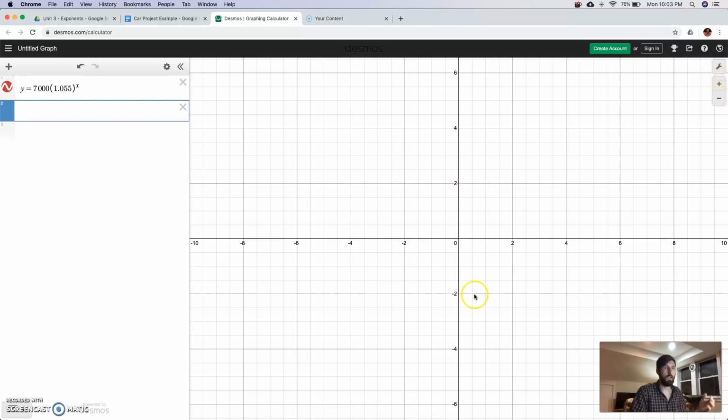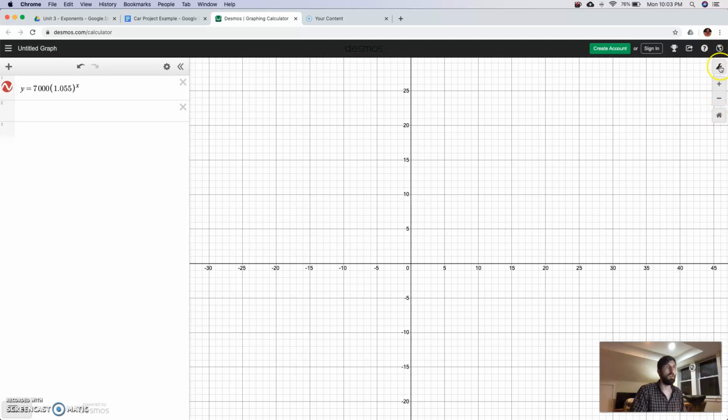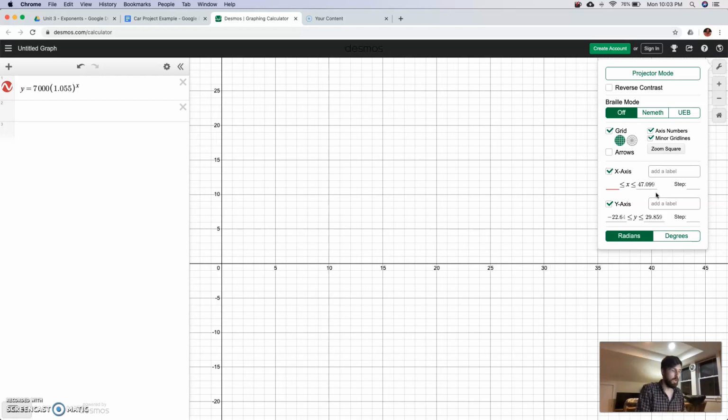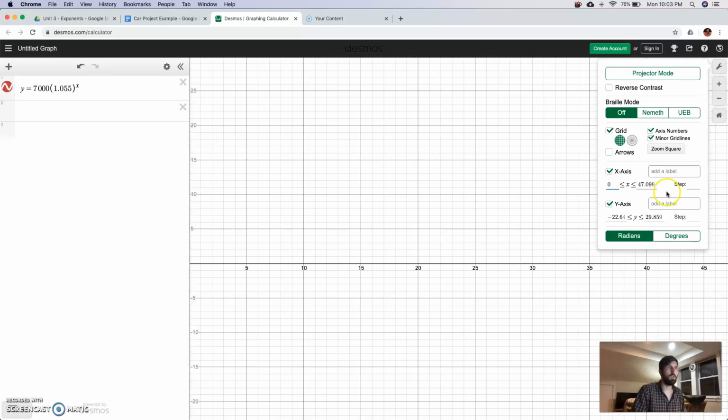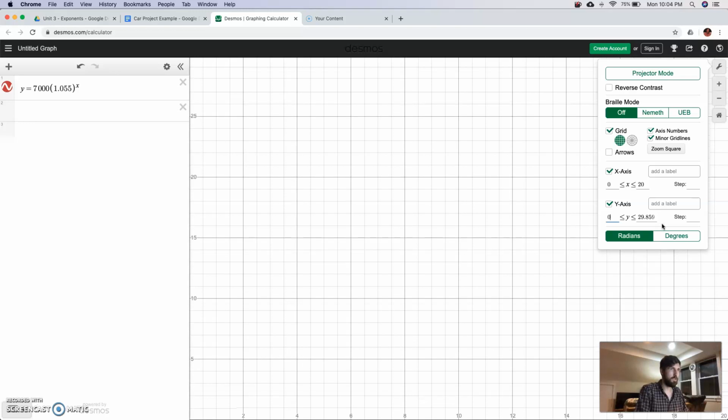And obviously I can't see this right now, right? So I've got to zoom out a little bit. And a quick way to do this is the x-axis. I know that I don't need to go past 0 on one side. And I probably don't need to go past, let's say, 20. There we go. Go to 20. And then on the y-axis, I know that I don't need to go past 0.